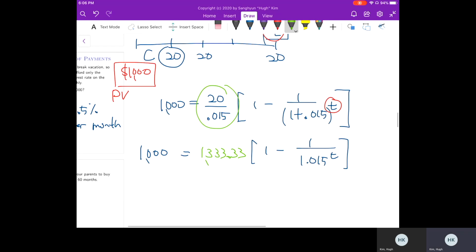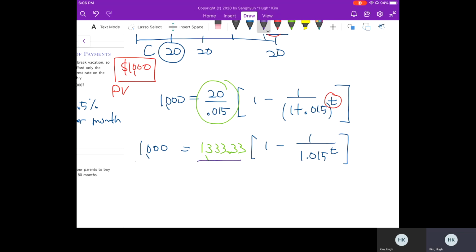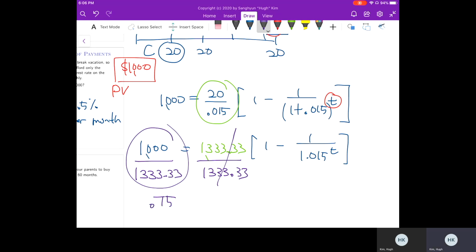Next, we can get rid of this by dividing both sides by 1333.33. So that goes away, and this is 0.75, equal to 1 minus 1 over 1.015 to the t.